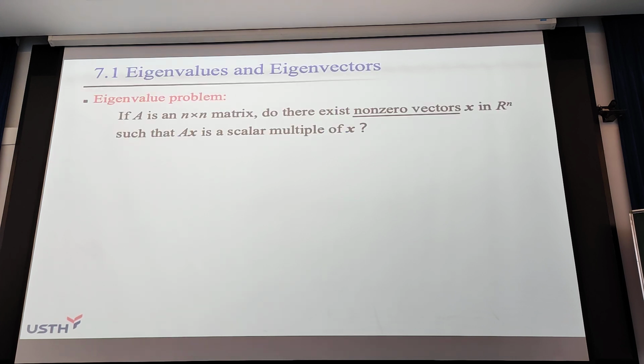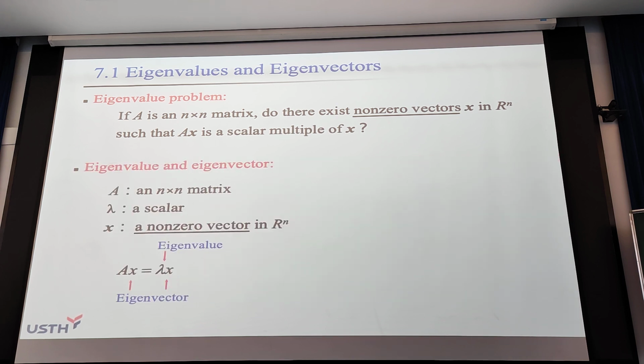For the first slide, we just repeat what we studied already. Suppose that A is a square matrix of order n. Then the eigenvalue is the following. We want to find a number lambda so that together with lambda we can find a non-zero vector x in Rn satisfying A multiplied by x equals lambda times x.